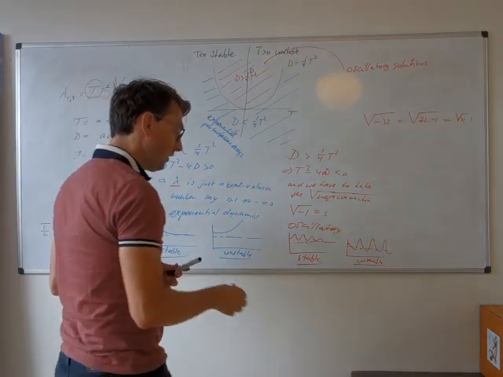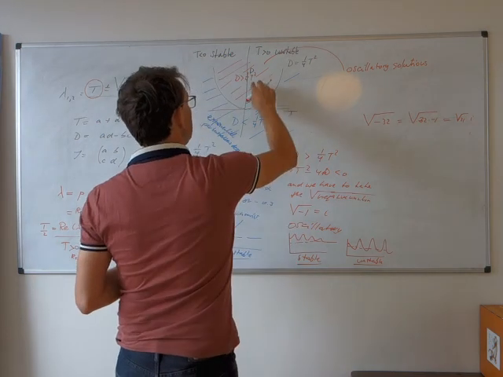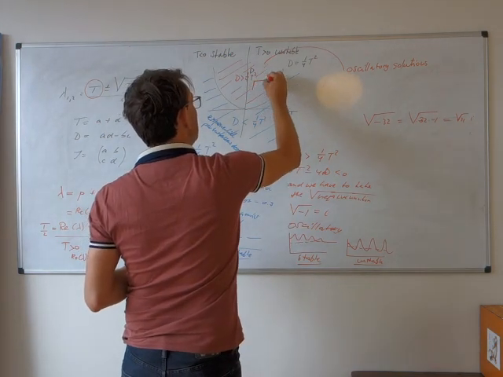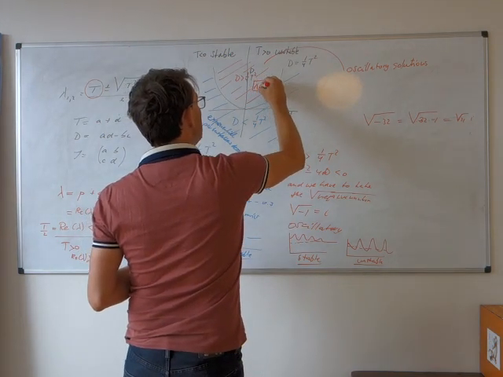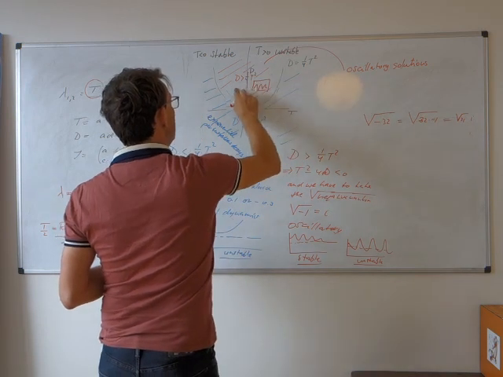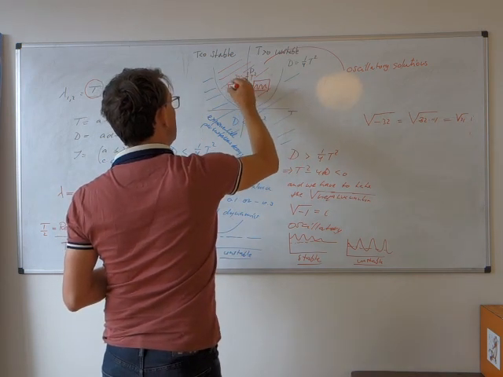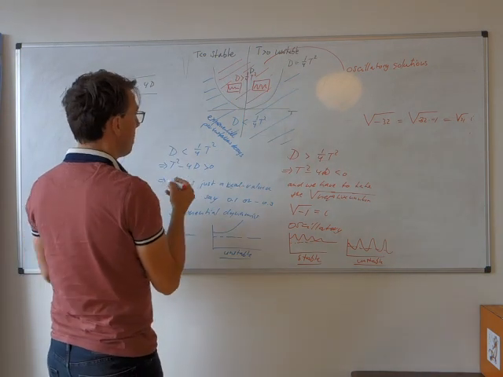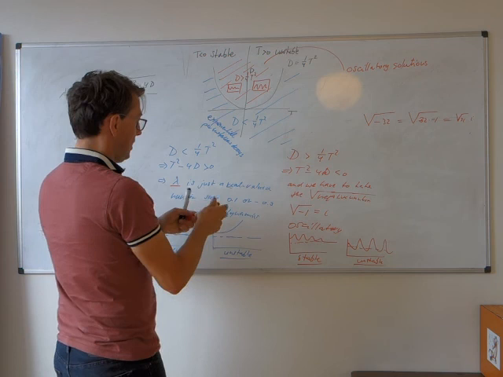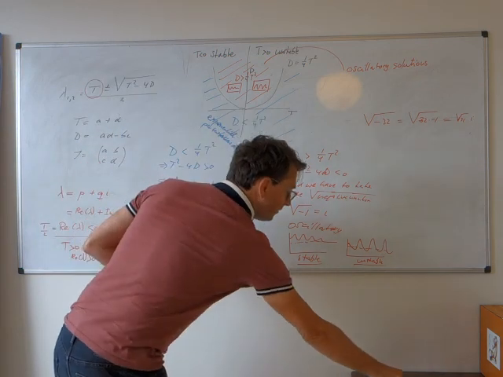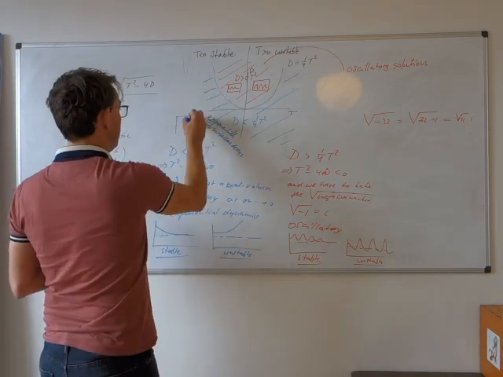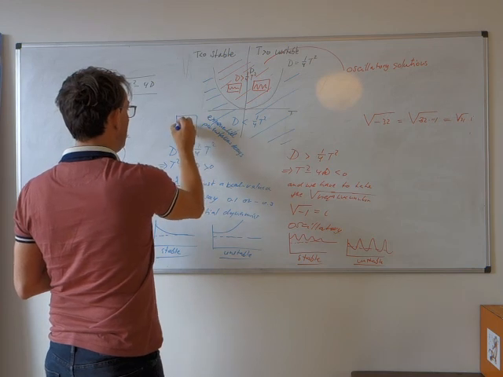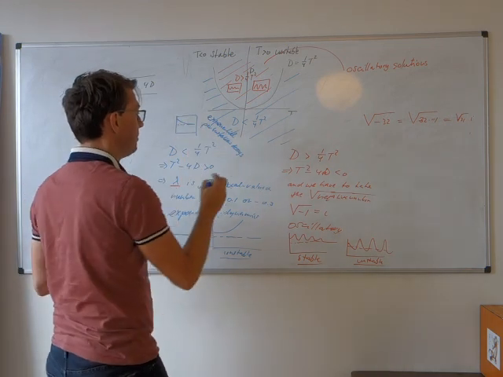So that means that here, in this region, we get stable oscillations. Here in this region, you get damped oscillations. In this region, if this is your steady state, you get exponential decay back.